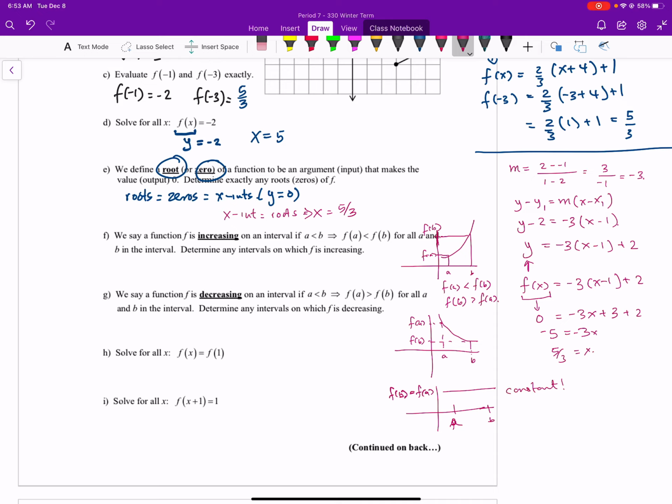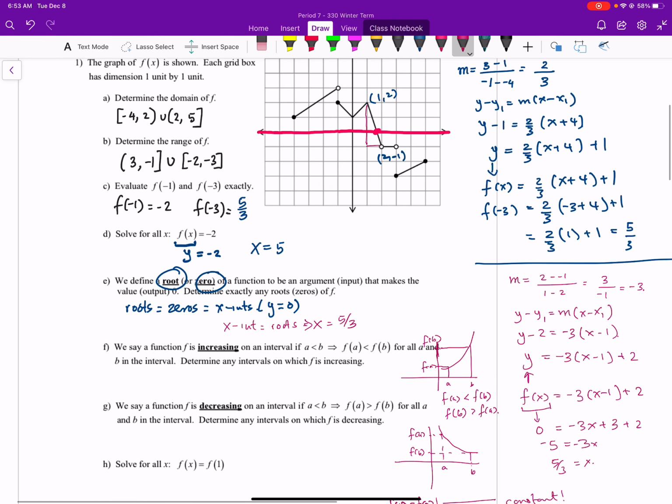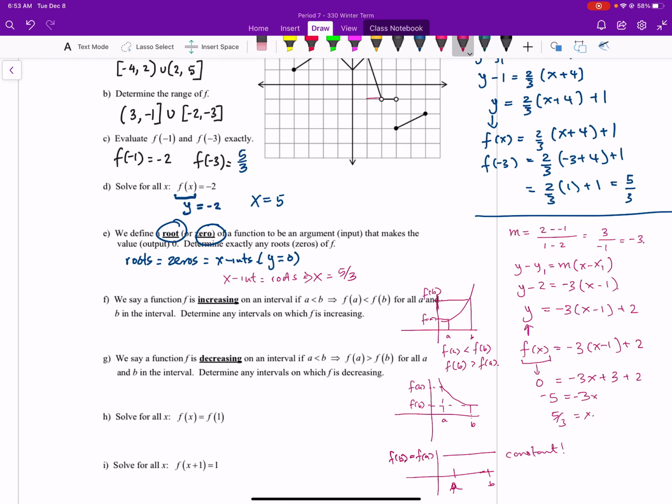Okay, so let's look at this graph here and see if we can examine where the graph is increasing or decreasing. Okay, so let's look at f of x and let's see, where is this graph increasing?